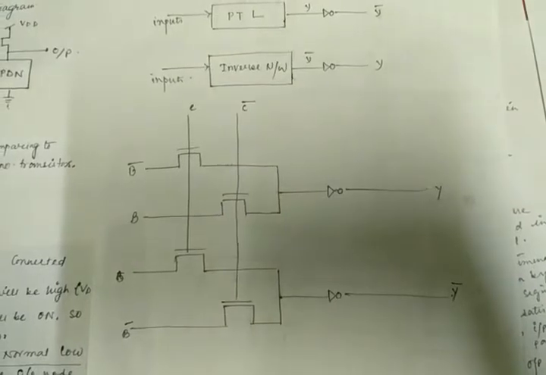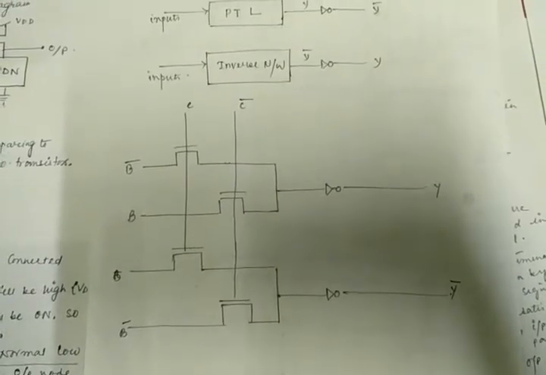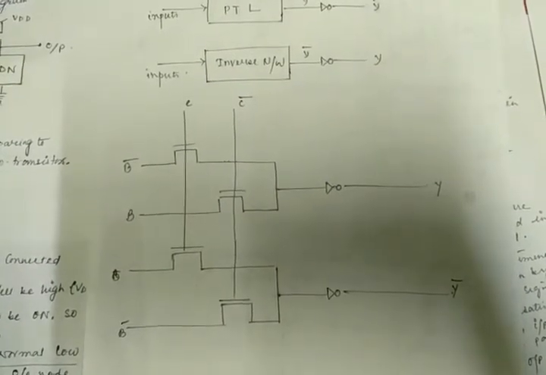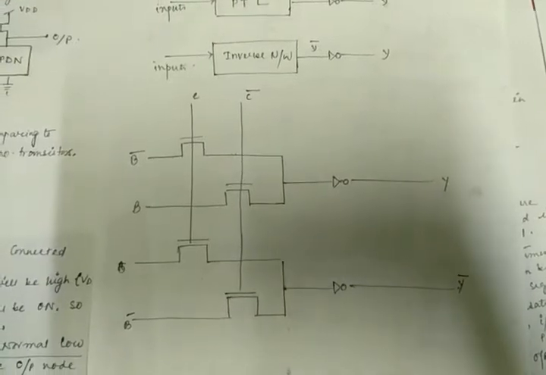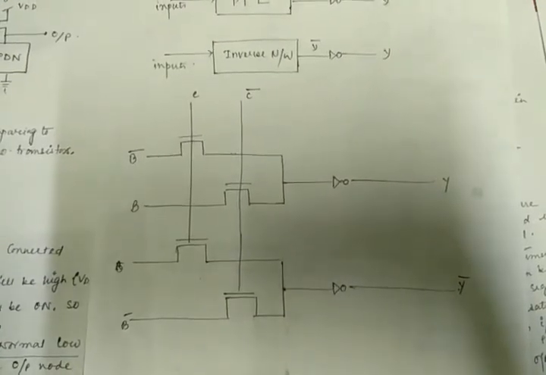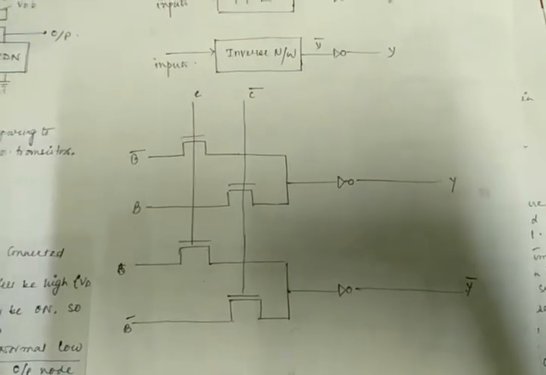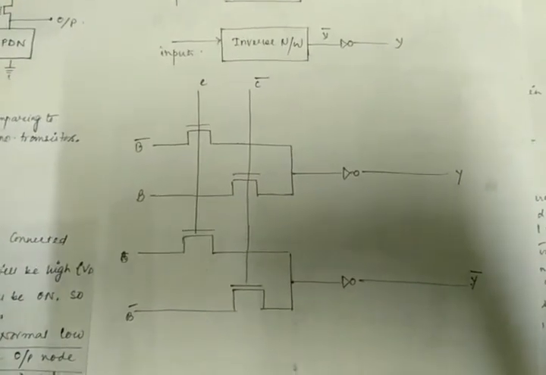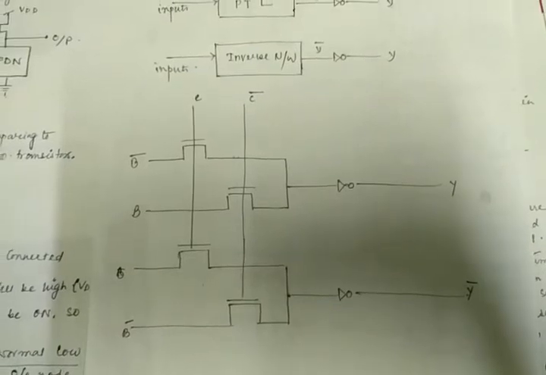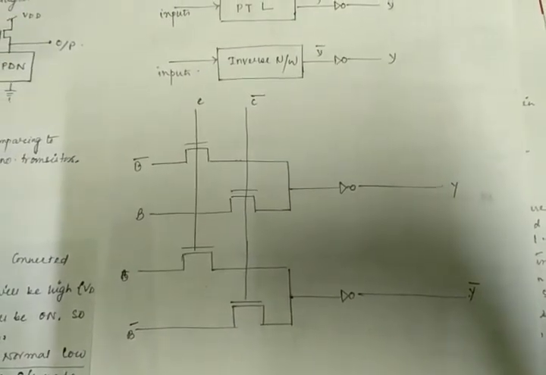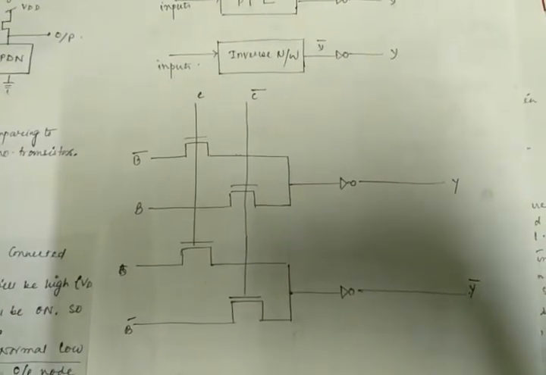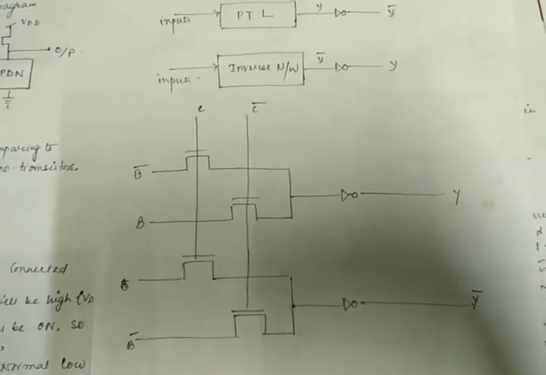Till then, please go through all lectures. We have completed the combinational logic circuit design using CMOS and various logic design styles. In the next session, I will start the sequential logic circuit design using CMOS. It's a very nice and very interesting part, so please wait for that.